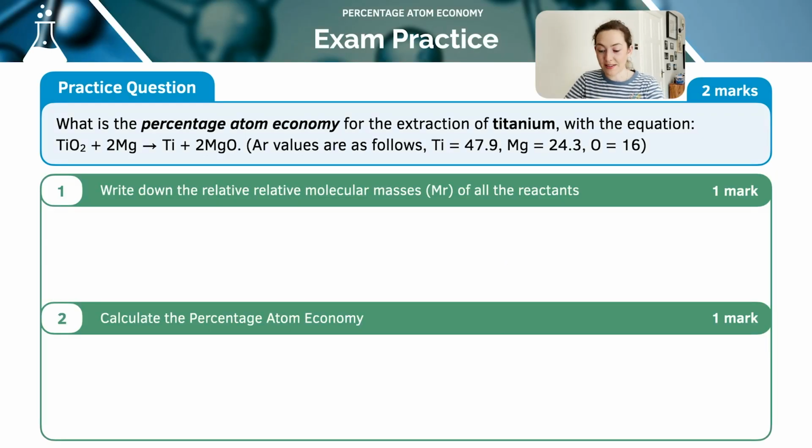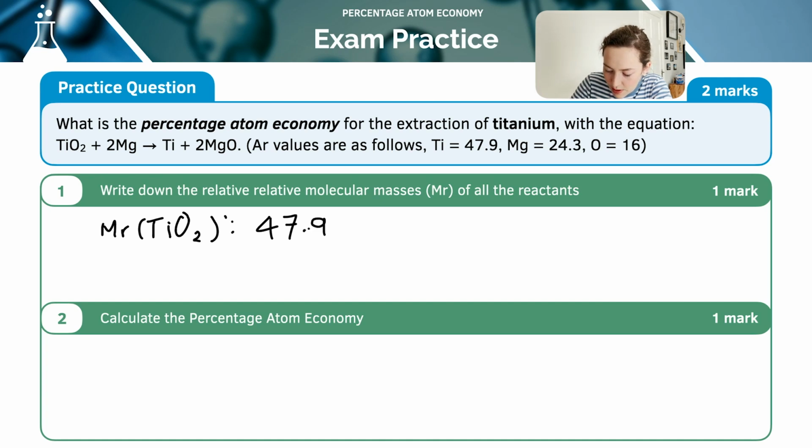First of all, I'm going to write out the relative molecular masses, the Mr, of each of those. The Mr of my TiO2, my titanium oxide, is going to be 47.9 for the titanium, which I got from my periodic table, plus 16 times 2, because I've got 2 oxygen atoms. That's 79.9.